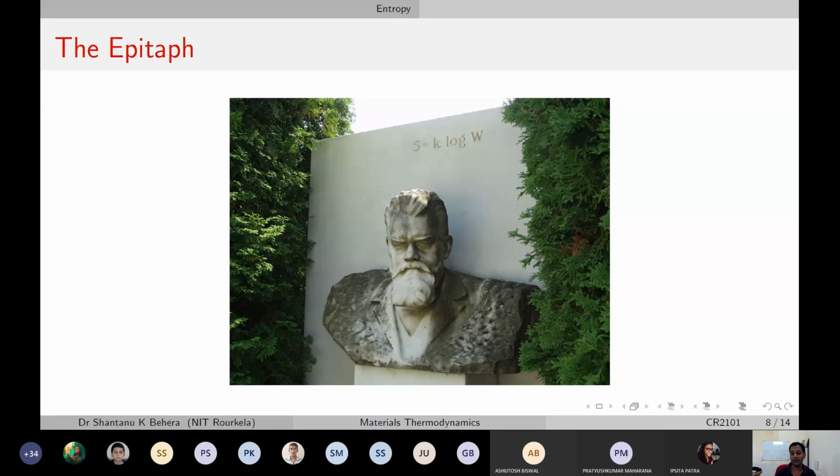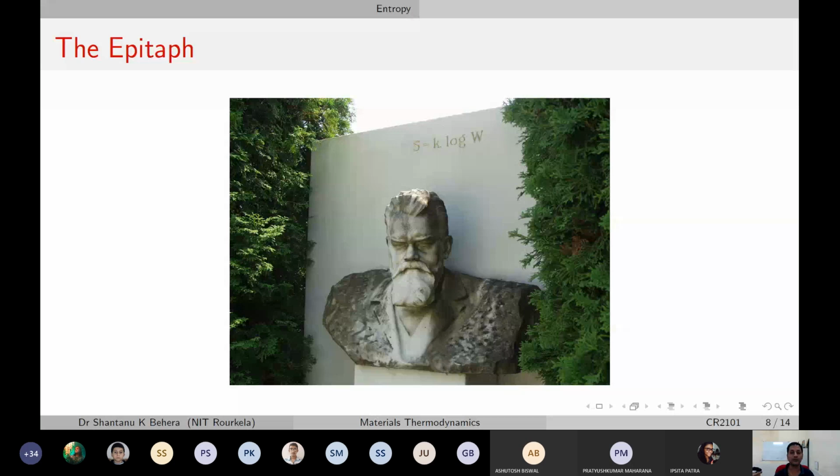He didn't write the epitaph himself, but people did. After he passed away, people wrote his most famous formula on his grave.